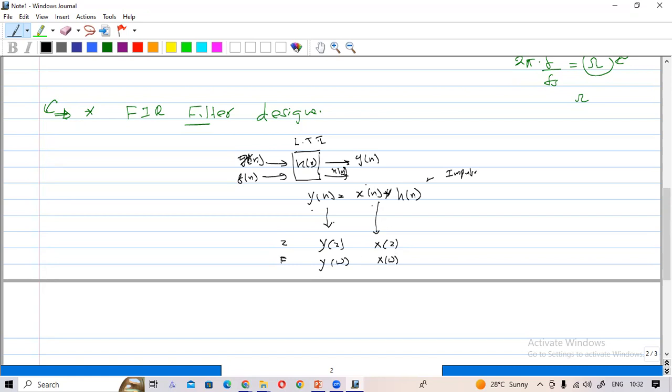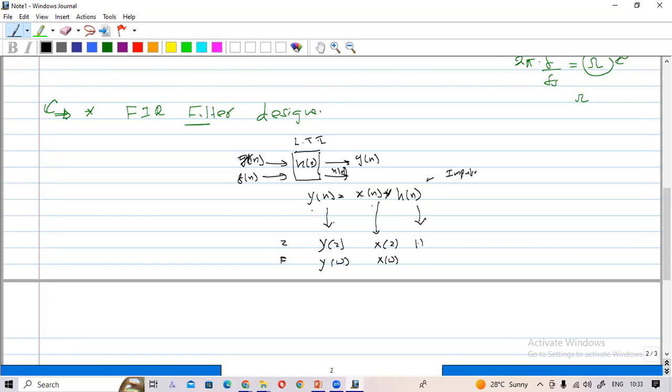So using the Z transform you can convert x(n) or y(n) to the complex domain, or using the Fourier transform to the frequency domain. Then you can get the impulse response also in the complex domain or frequency domain respectively.